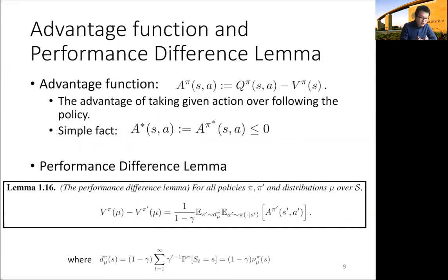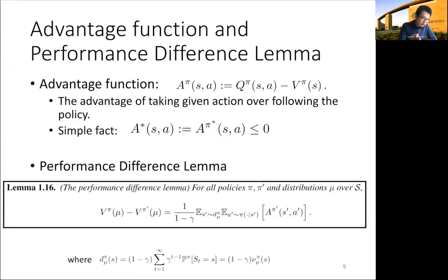It's really just the difference between the Q pi function and the V pi function. It talks about the advantage that you get if you take an action other than the action that would have been taken by just following policy pi. So this is the advantage that taking this action at this particular time point will give you over naively following the policy.